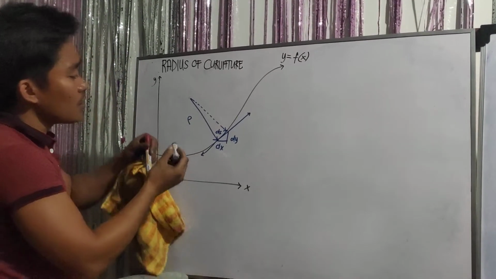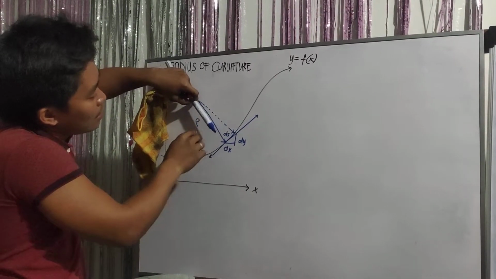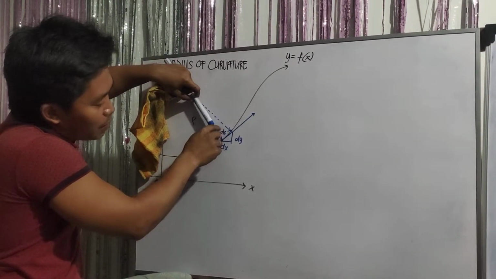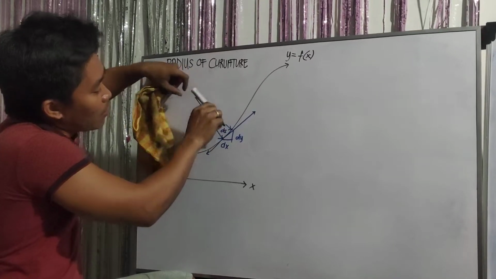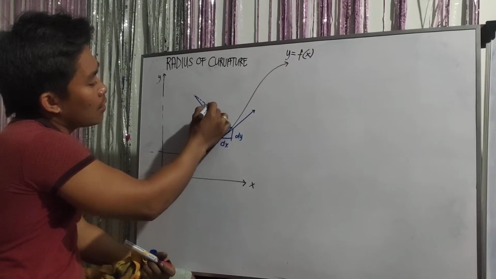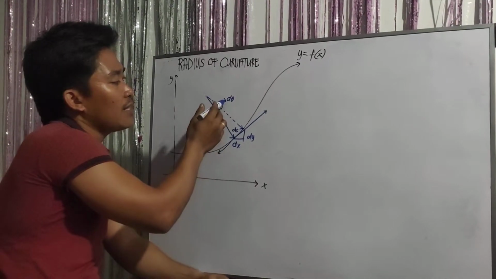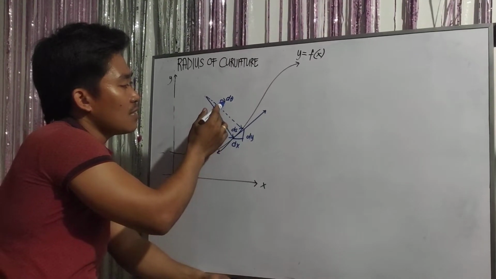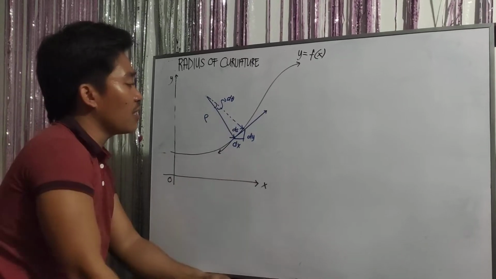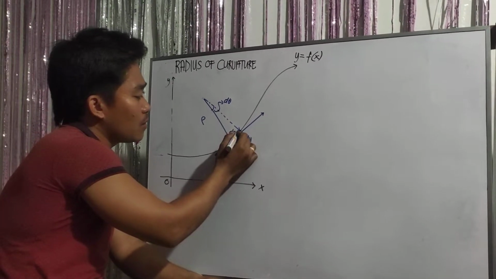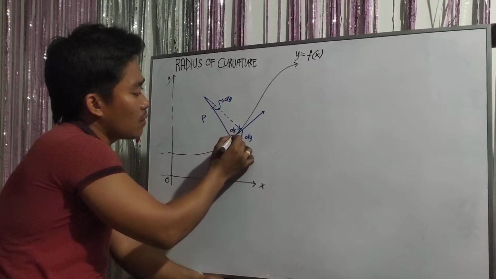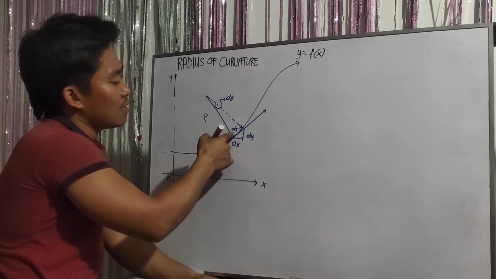Now, if you will move this point up to that point, it will subtend an angle which we call d theta. Okay? Why d theta? Because actually, this is infinitesimally small.